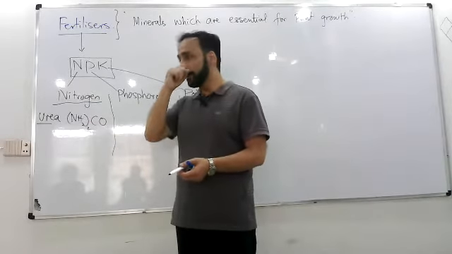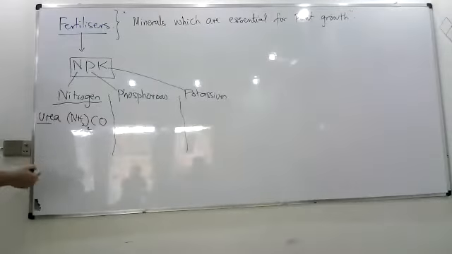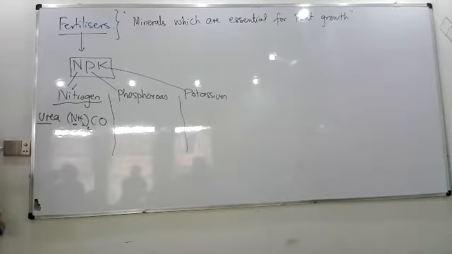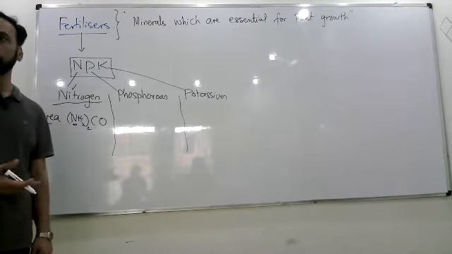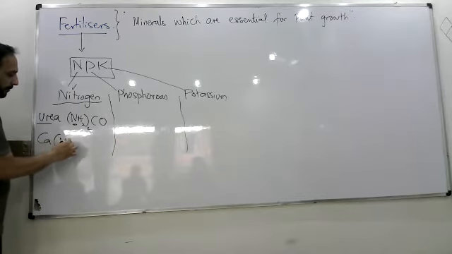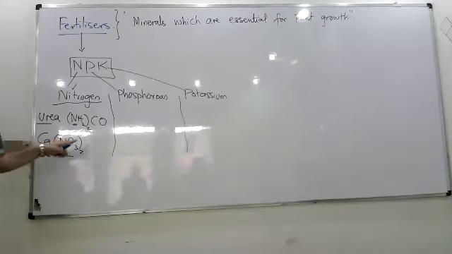This is the formula for urea, NH2 twice CO. And we call it nitrogen fertilizer because urea has nitrogen in it. And nitrogen is very important for plant growth, all the nitrate salts and stuff. Besides this, we have calcium nitrate as another example of common nitrogen fertilizer.